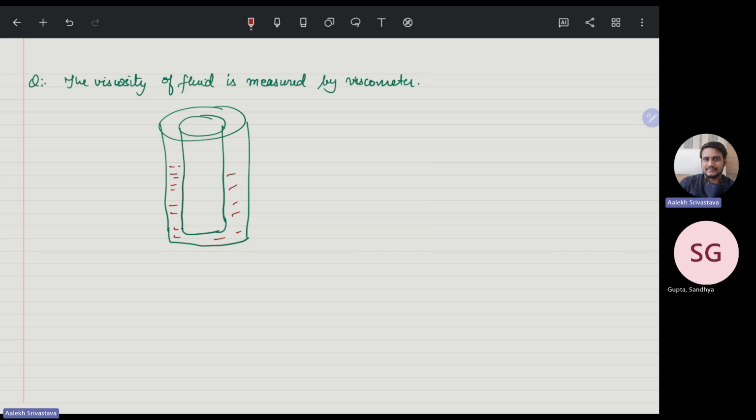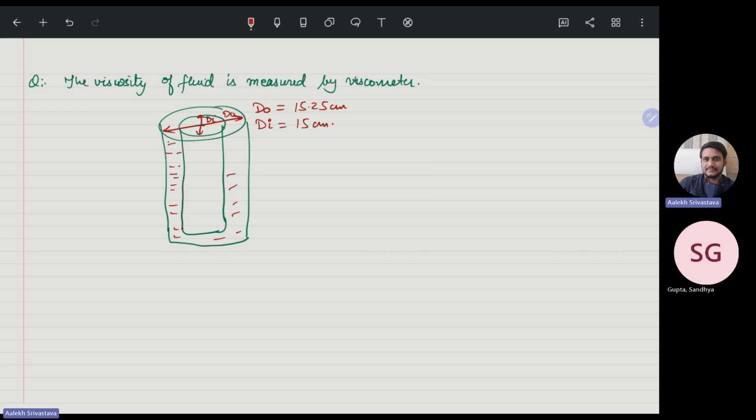The outer diameter, I am writing as D0, is 15.25 centimeter, and the inner diameter DI is 15 centimeter.